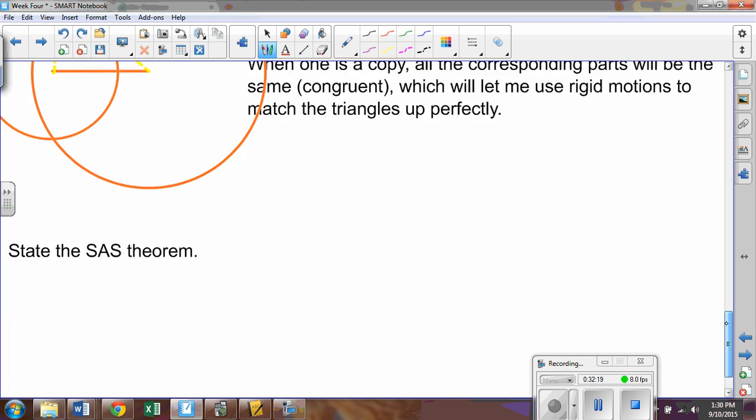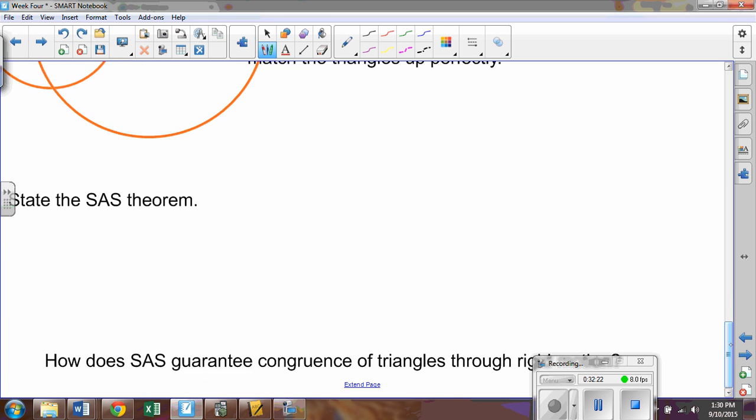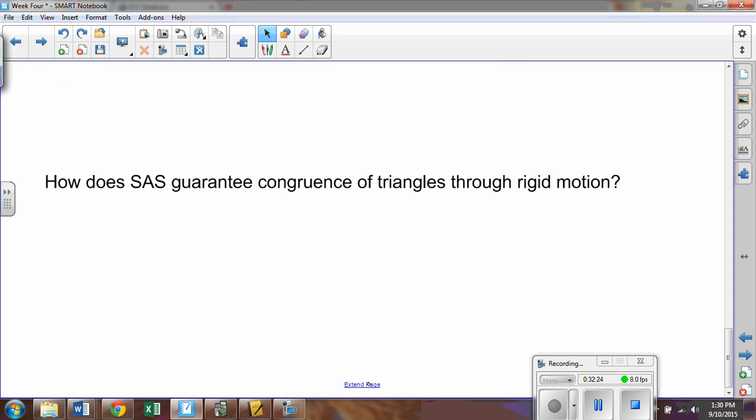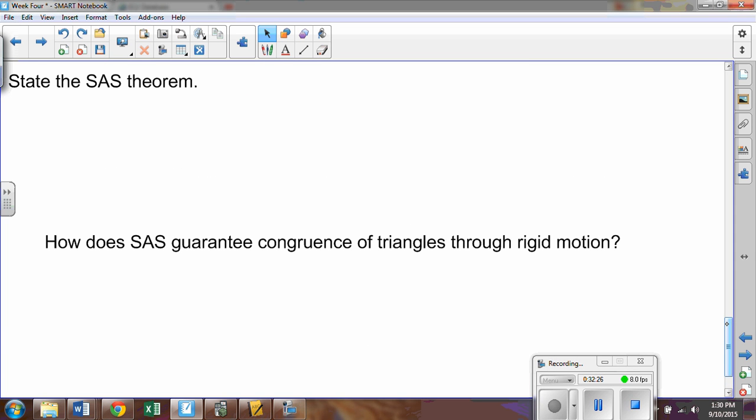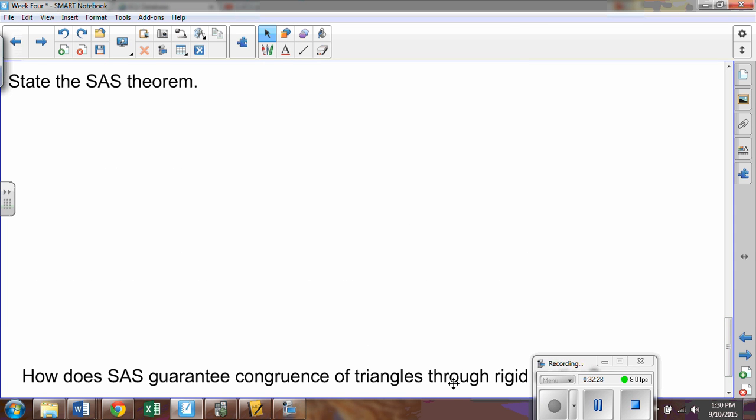Okay, the last question we had is based on side angle side. So what is the side angle side theorem? Well, it's virtually the same thing as what we had for angle side angle.